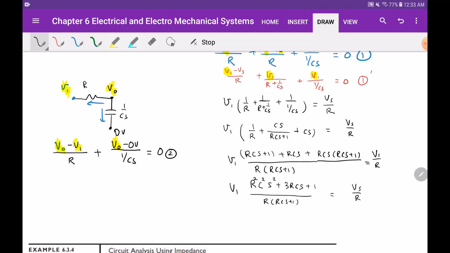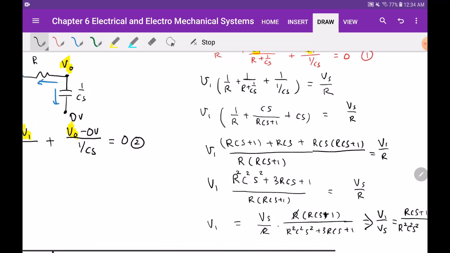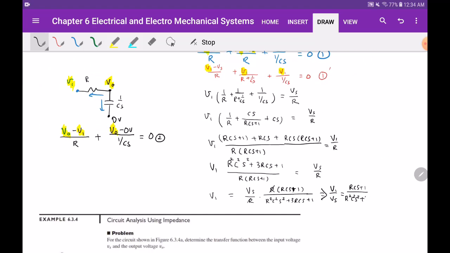V1 finally is Vs divided by R times (RCS plus 1), and R cancels. You have R squared C squared S squared plus 3RCS plus 1. That gives you V1 over Vs equals (RCS plus 1) over (R squared C squared S squared plus 3RCS plus 1).